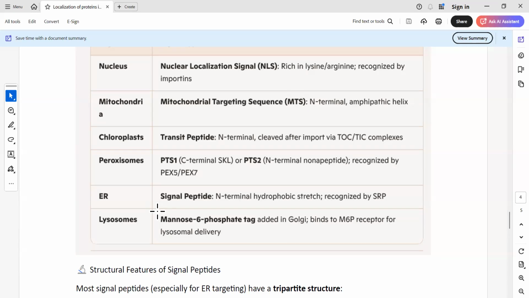Now, by COPII vesicles, these proteins are transported to the Golgi. In the Golgi apparatus, a mannose 6-phosphate tag is added to the protein. Now, by means of endosomes, these proteins are transported to the lysosome.